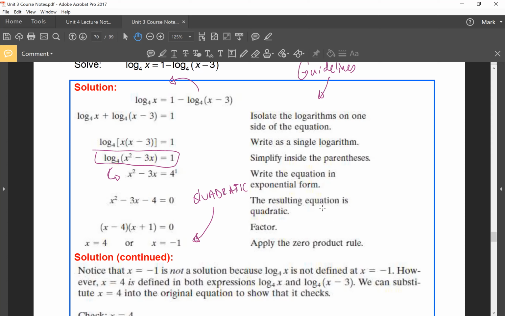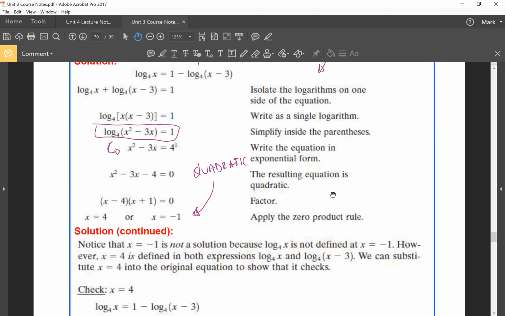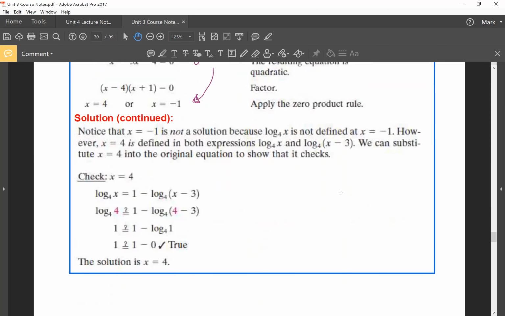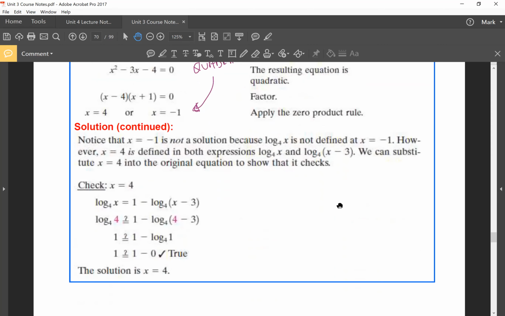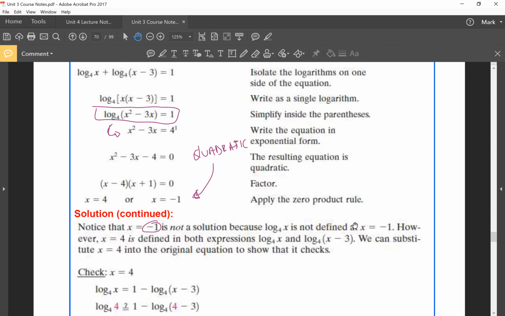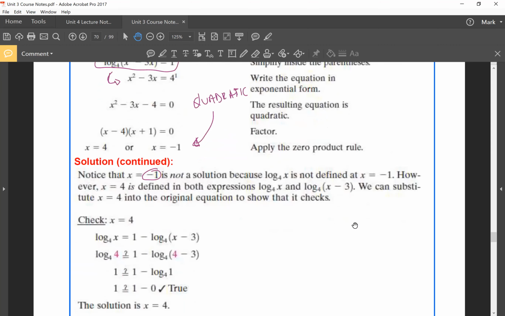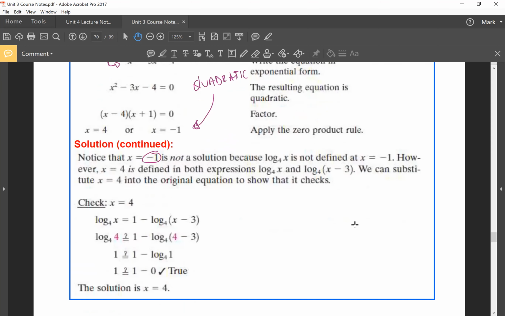And when you get two solutions, you need to make sure you check your answers. What I mean is -1 is not going to work in your logarithm. If you try -1 in this logarithm, it's not going to work. The 4 will work, but the negative is not going to work.